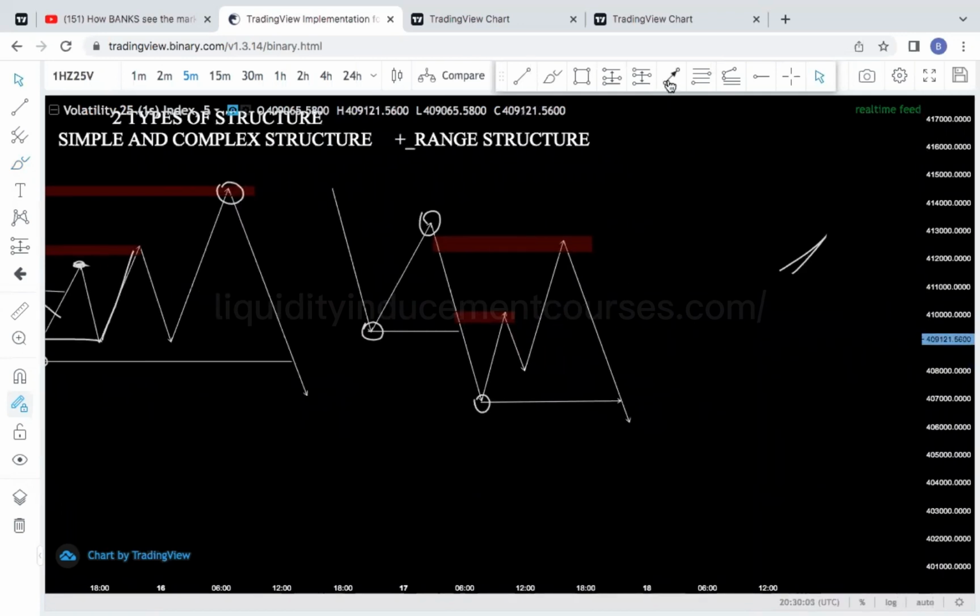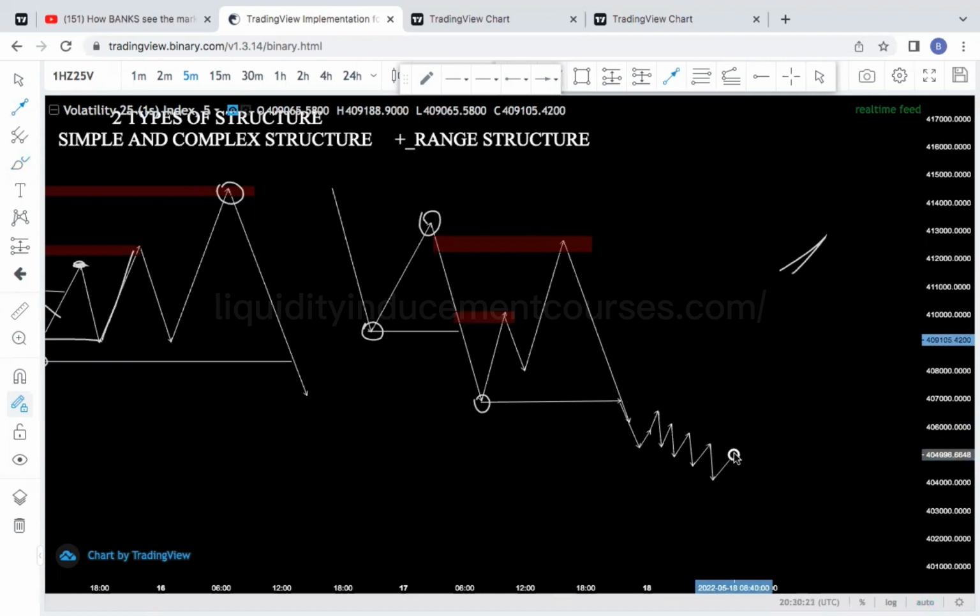Now, price breaks out of the range, and begins to form a new structure that takes it away from the zone.